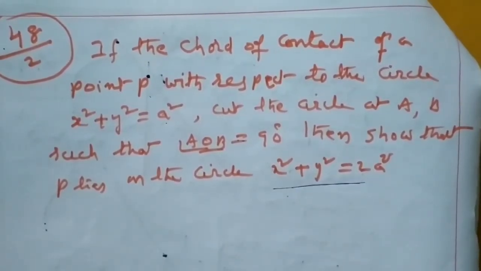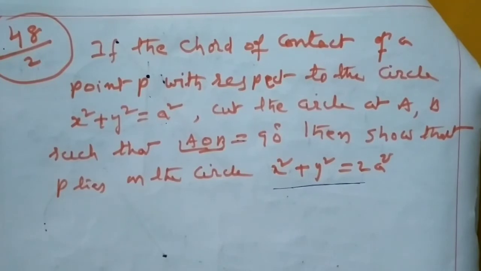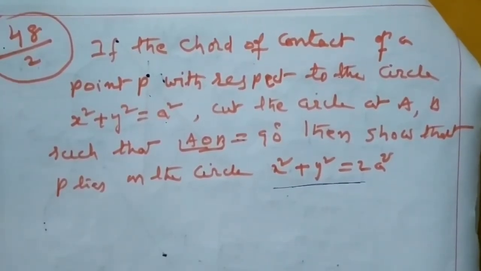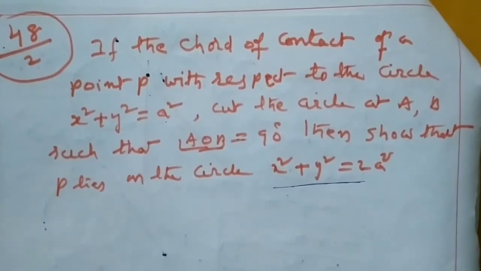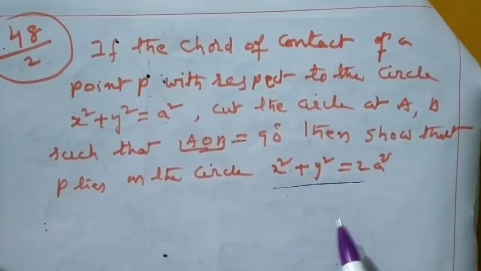Also this problem can be solved from the quadratic equation which relates the slopes of tangents drawn from an external point to the circle. There are some other models also, but we try to solve this problem in that model.